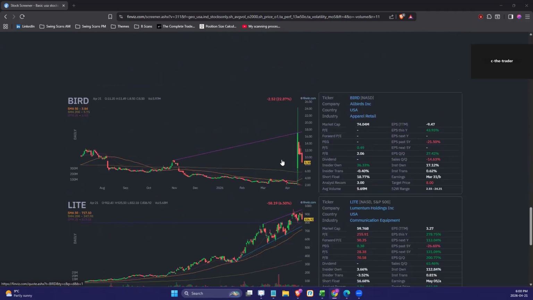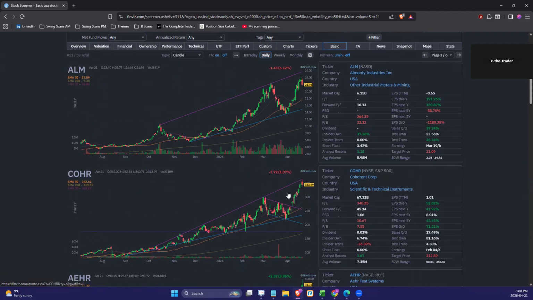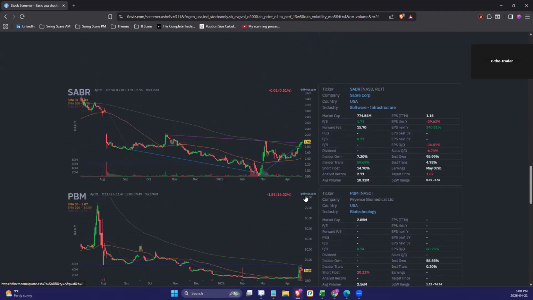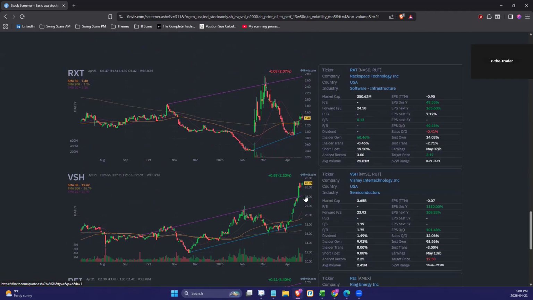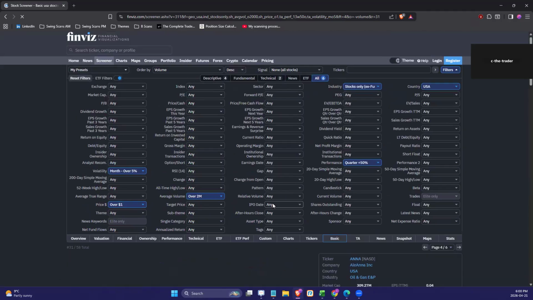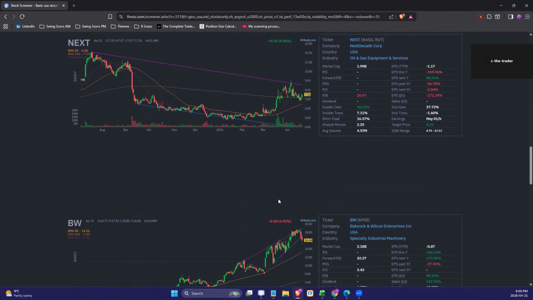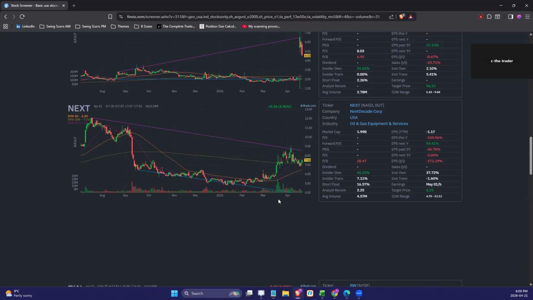WTI. That's kind of interesting. Big move up, pullback, sitting on the 20-day and the 200-day, finding support on the 200-day.